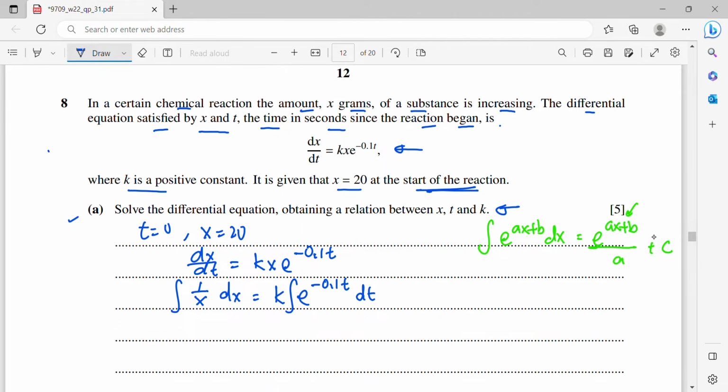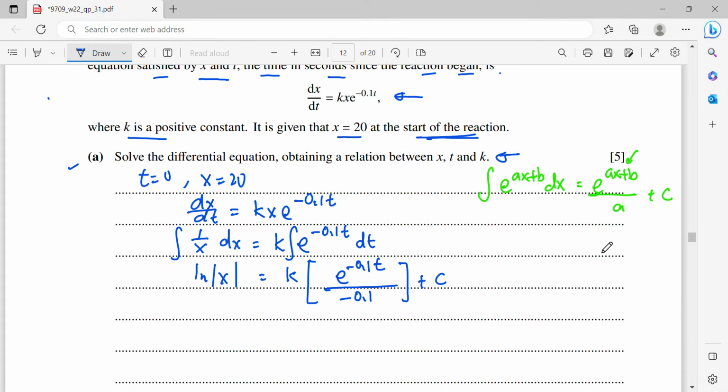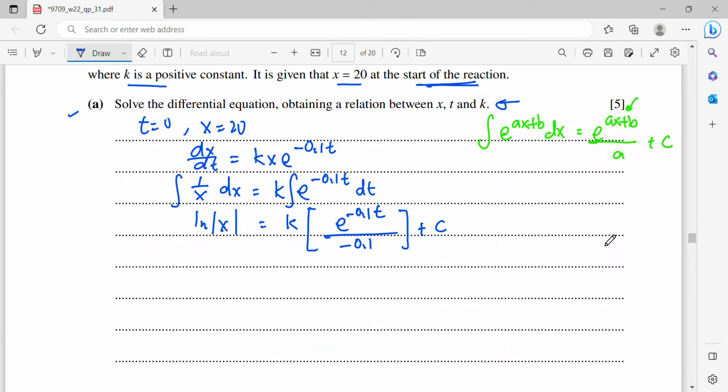Now, for the left-hand side, integrate 1 over x is basically ln x. Then the right-hand side, rewrite the whole exponential, divide by the differentiation of the power of e, you will be getting negative 0.1. Then plus c. Now, before we replace the t and x value in order to get the c, you can simplify the denominator for the first term on the right-hand side first. So 1 over negative 0.1 is basically negative 10.